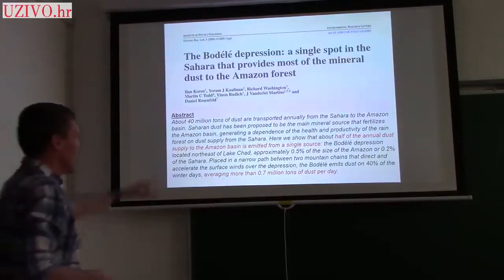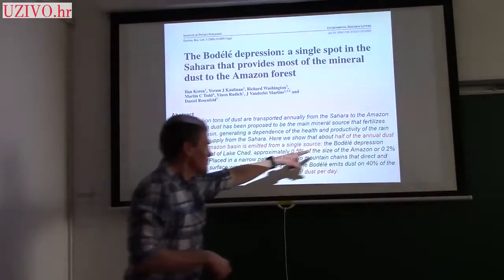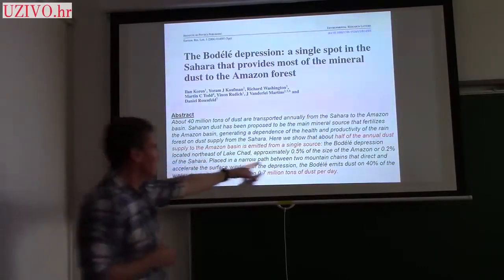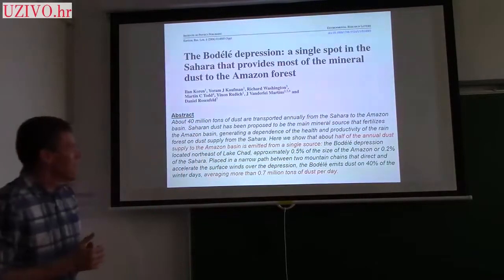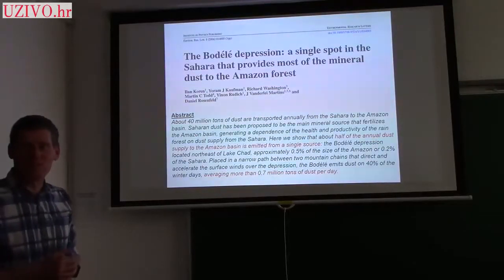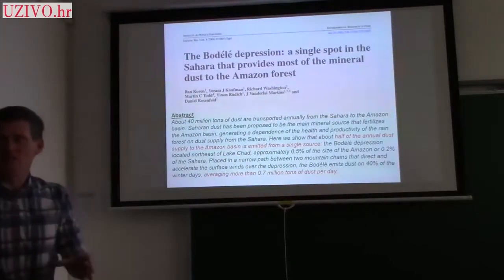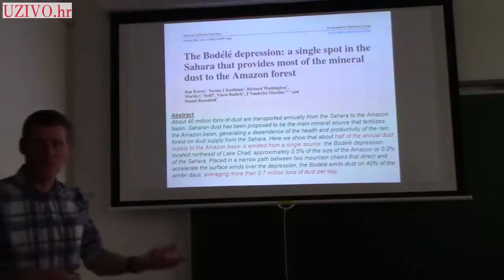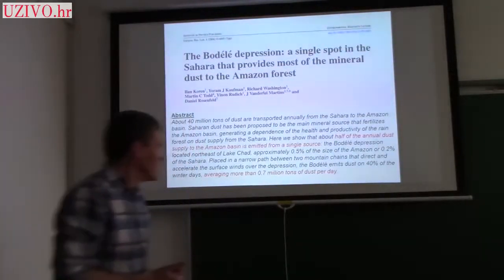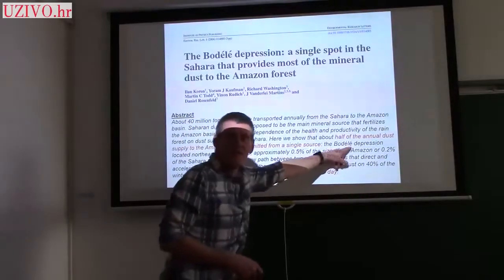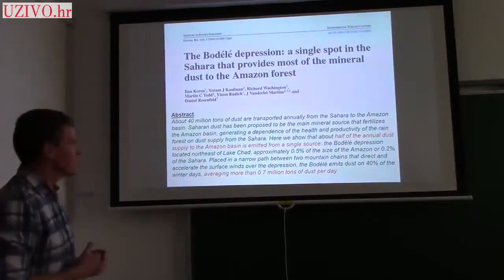So they've just put some numbers on it. Difficult for some people to, but hopefully you can appreciate it. The Bodele Depression is a 200th of the size of the Amazon, but provides 50% of the nutrients for it. So if you wanted to get some fertiliser for your garden, the best place you could go is the Bodele Depression, a couple of buckets of it.